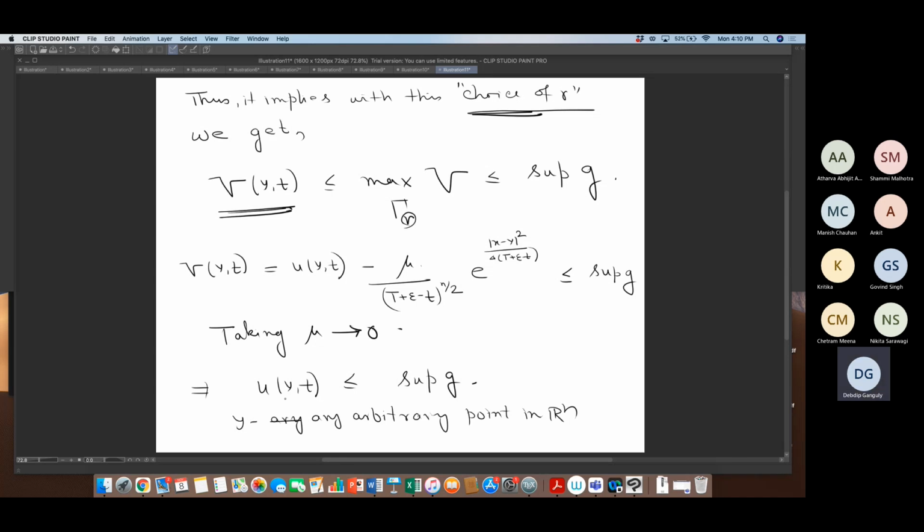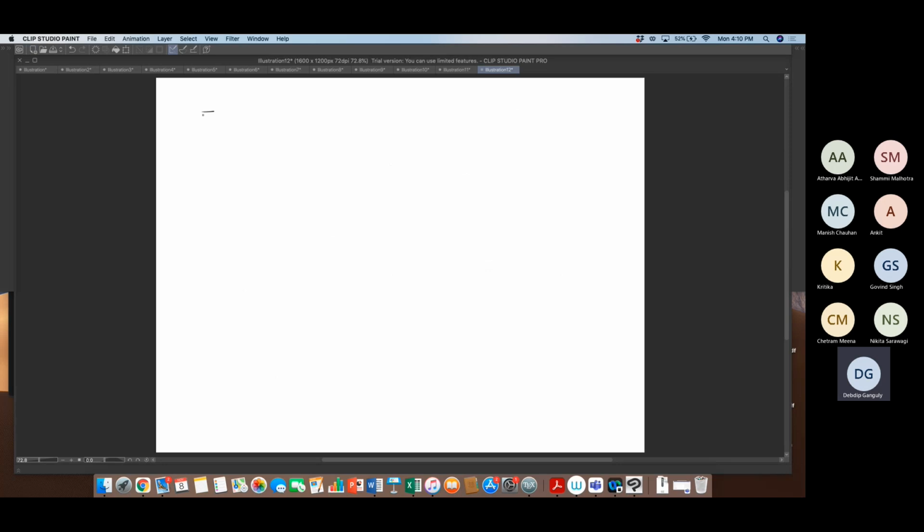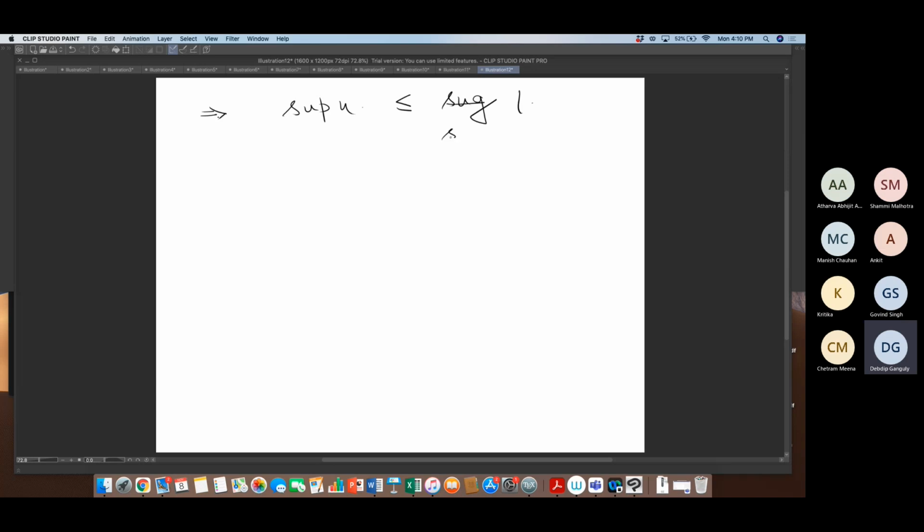So y is arbitrary, and thus this implies that the supremum of u is less than the supremum of G.